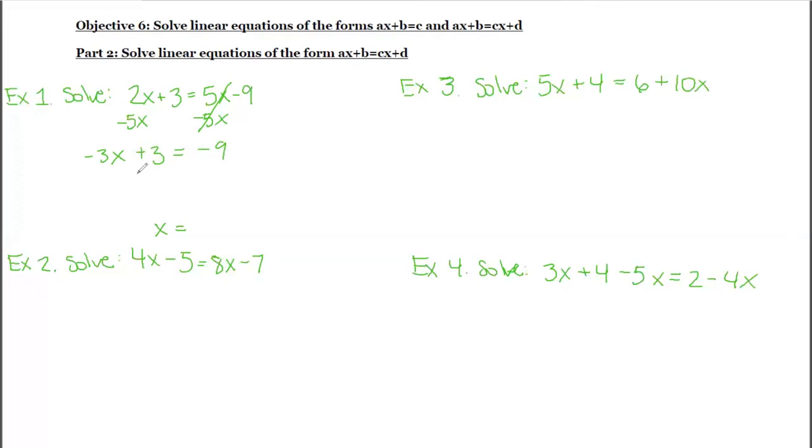So this plus 3, we need to subtract 3. 3 minus 3 is 0. Then we are left with negative 3x equals negative 12. From here, y'all got this. We divide both sides by negative 3.